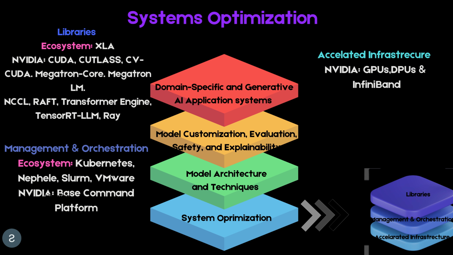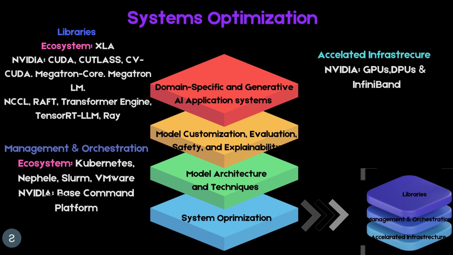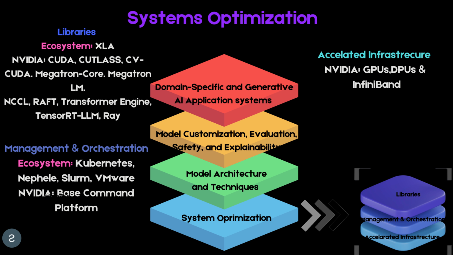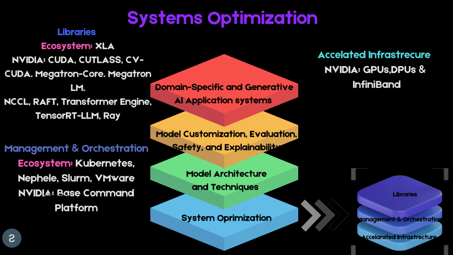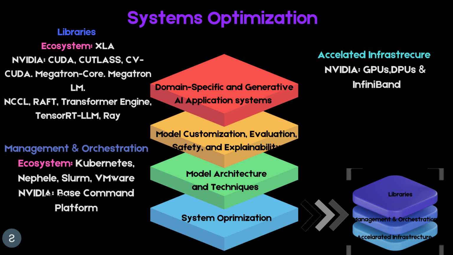Then we have the management and orchestration ecosystem, where Kubernetes, Slurm, VMware, and the NVIDIA Base Command platform. We already covered the libraries, where we have CUDA, Megatron Core, Megatron-LM, and also Transformer Engine, TensorRT-LLM, Ray, etc. These are the system optimization layer at the bottom of the stack.